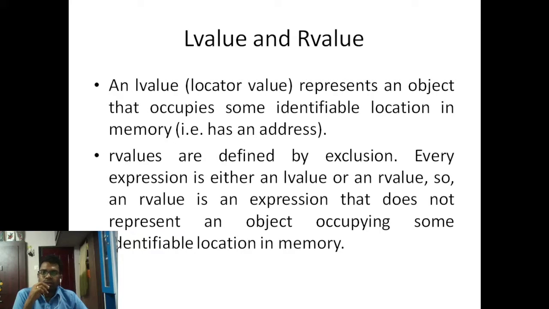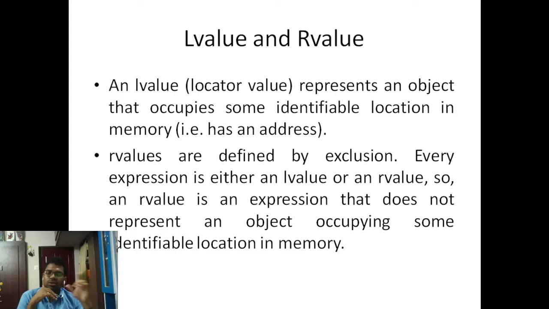An L value represents an object that occupies some identifiable location in memory. R values are defined by exclusion. Every expression is either an L value or an R value. So an R value is an expression that does not represent an object occupying some identifiable location in memory. This is just a definition, so don't get confused.